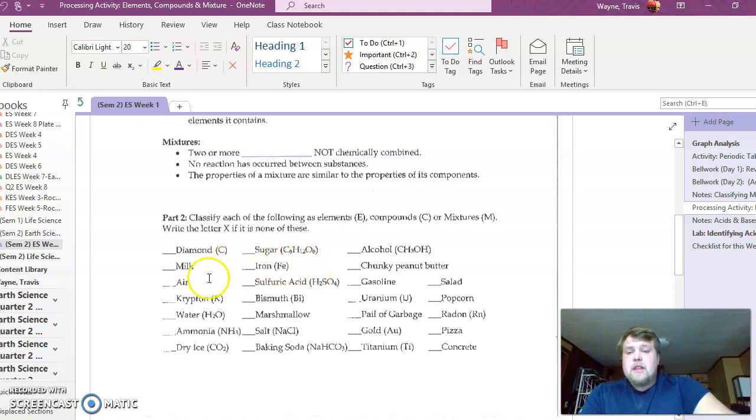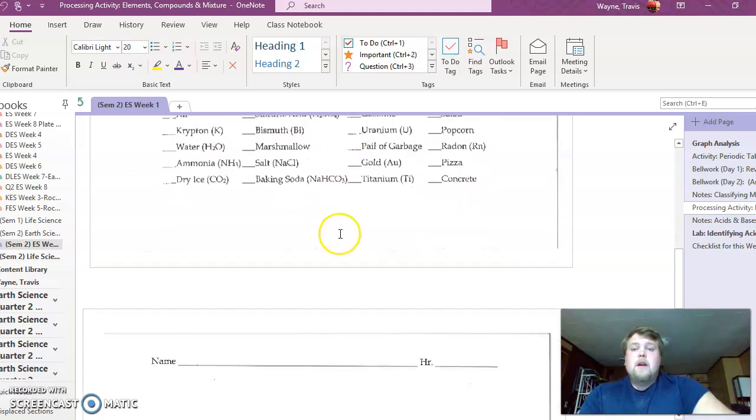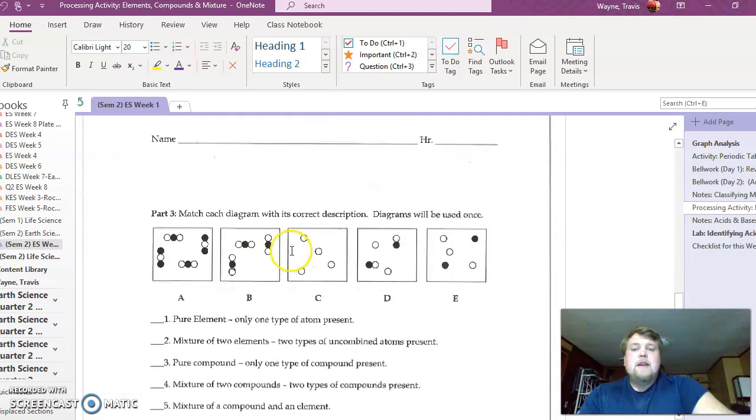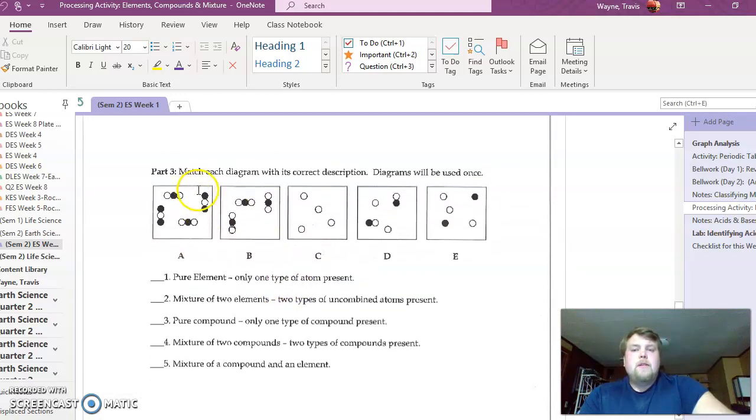You'll be looking at items like a diamond, milk, krypton, salt, gold, pizza, salad, whatever that might be, and determining which of those three it is. As you continue with that sheet, the last portion is determining whether these 5 examples represent a pure element, a mixture of 2 elements, a compound, a mixture of 2 compounds, or a mixture of a compound and an element.